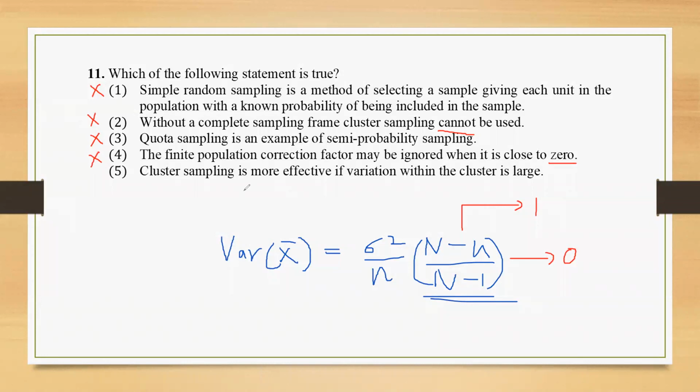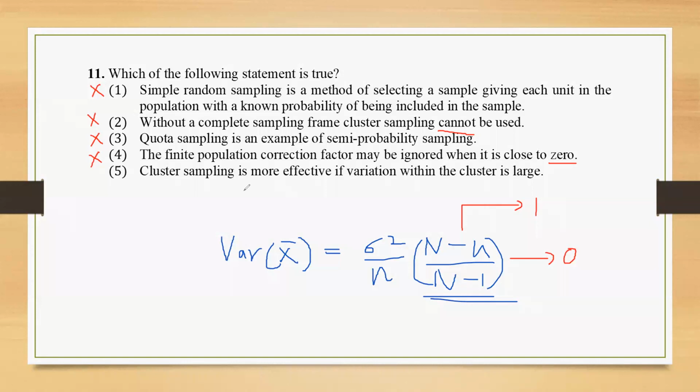So now you have the choice for the correct answer. That is the fifth one. It says cluster sampling is more effective if variation within the cluster is large. Within the cluster, the variation is large. That is the objective of doing cluster sampling, right? Within the clusters, variation is large; between clusters, variation is small.